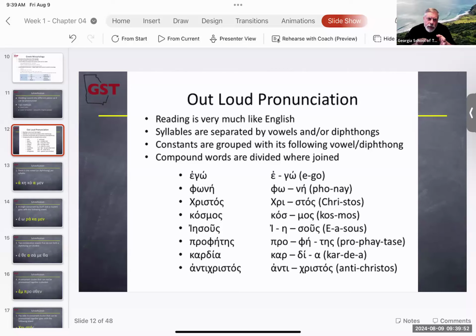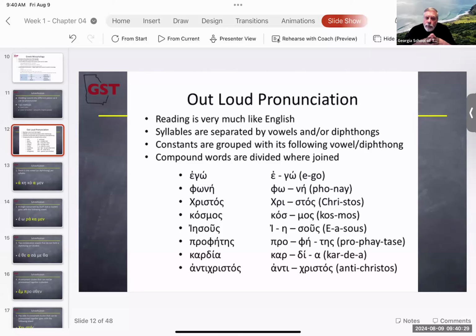So you see syllables are separated by vowels or diphthongs, and consonants are grouped with the vowels that follow them. Fo, nay. The phi is a consonant, the noon is a consonant, and each is grouped with the vowel that follows it. That's all it is. Same thing with Christos. We'll go to the rules in a minute, but you see the chi and the rho are two consonants that can be pronounced together.